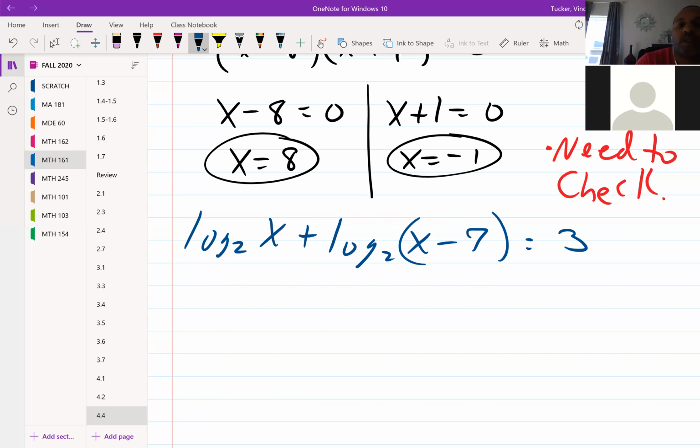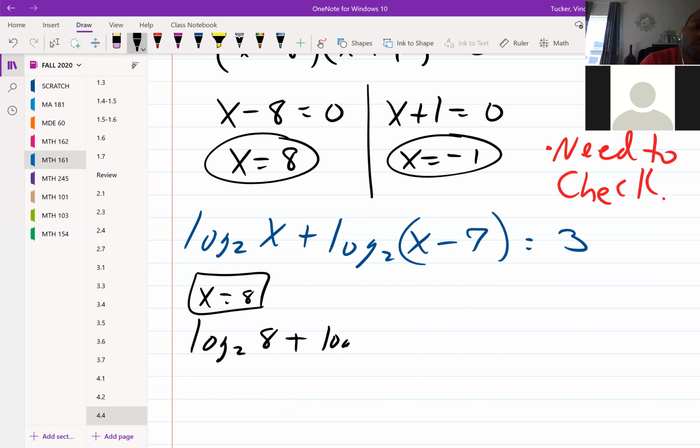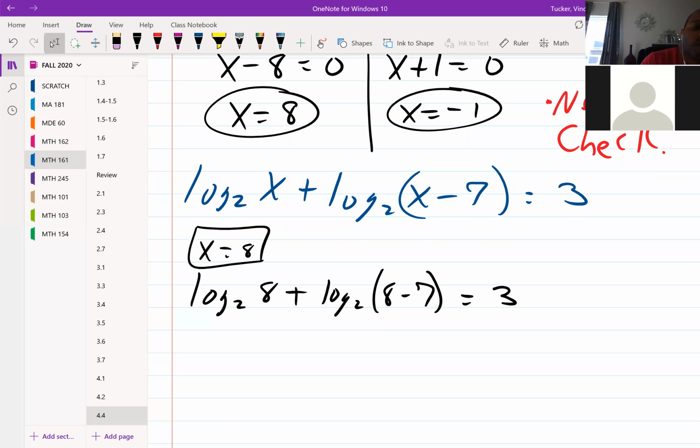So if I plug in x equal to 8, if I were to rewrite that 8 as 2 to the third power, and then 8 minus 7, which is 1.